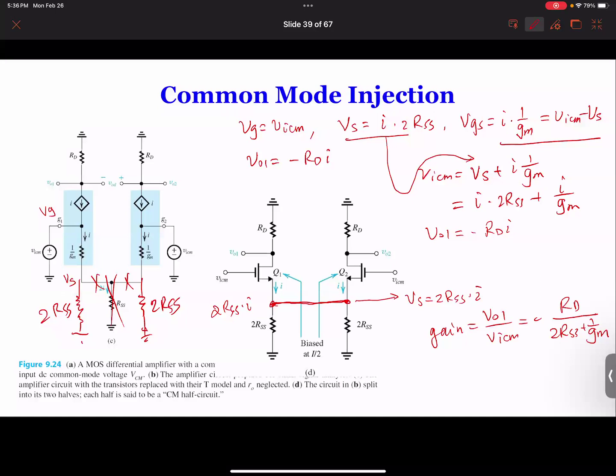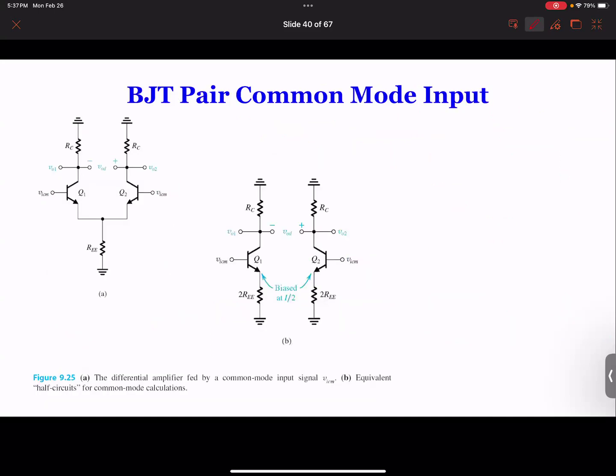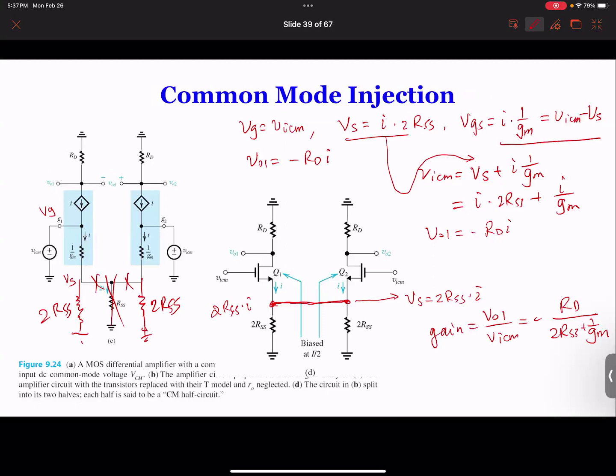So similarly, we can, what do they call this one? They call this VO1. Yeah, I guess we can just leave it for now. You can write VO1 equal to minus RD over 2 RSS plus 1 over GM times VICM.